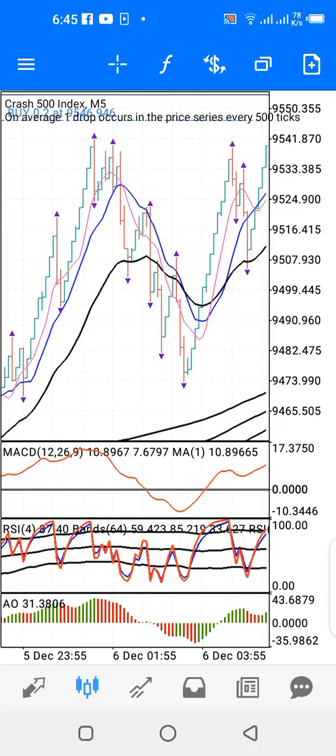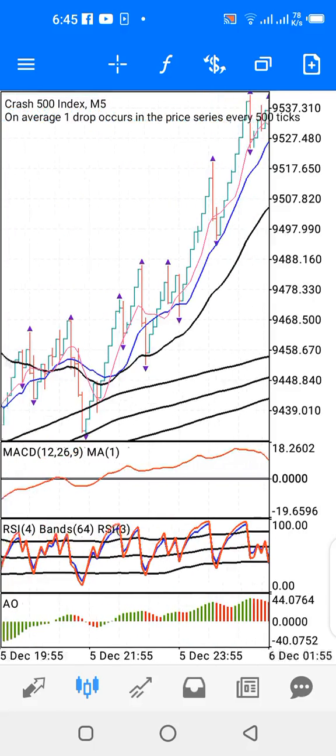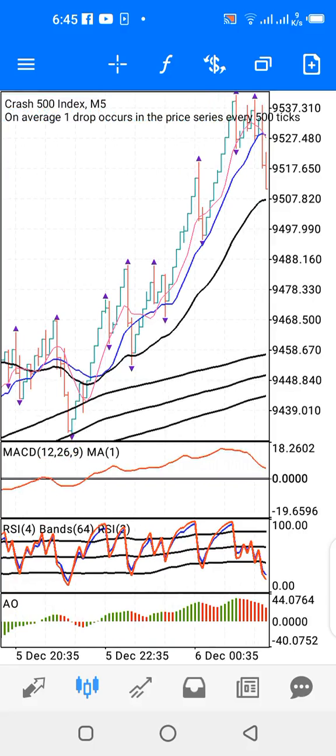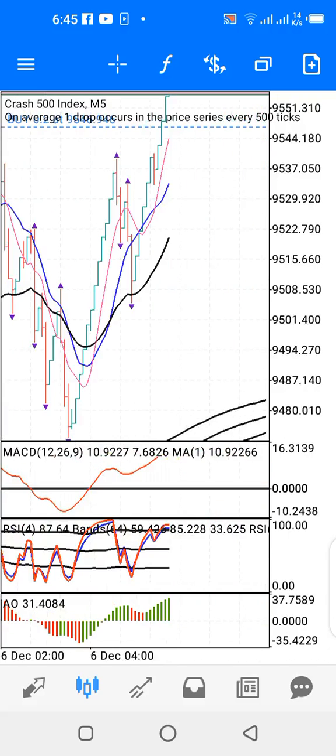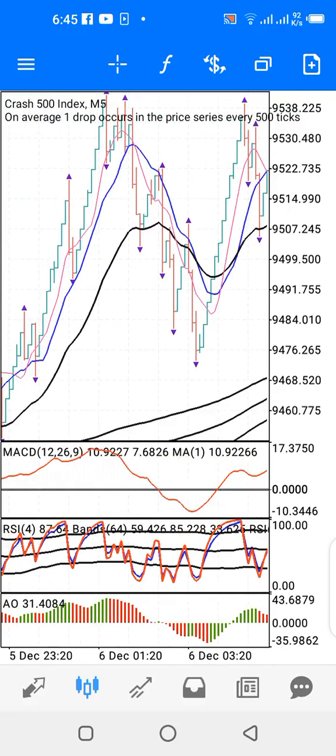Okay, today we'll be looking at a strategy we can use to trade Crash 500 index. This is the Crash 500 index, and I have it on the 5 minute time frame. I have four windows.